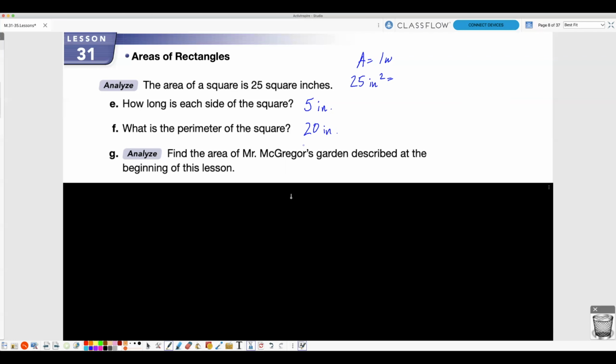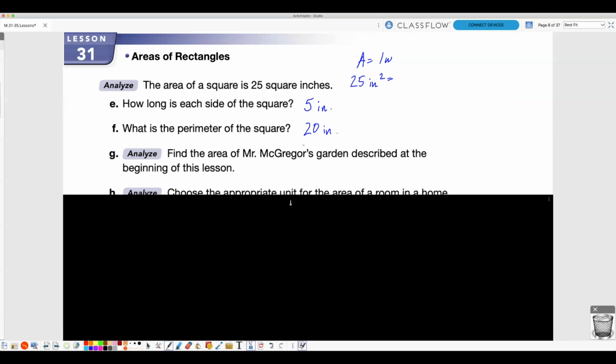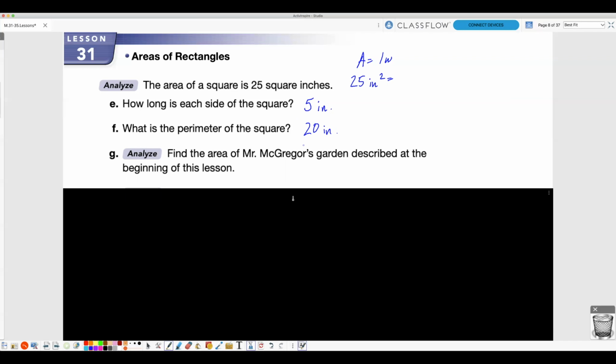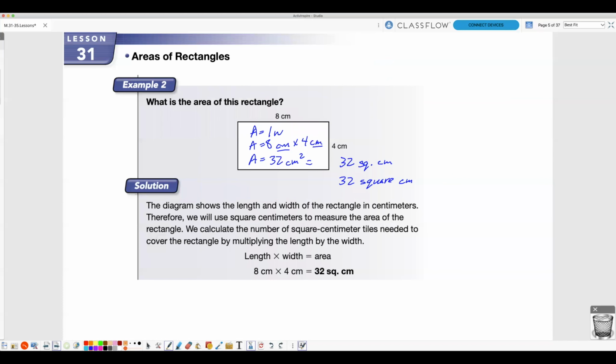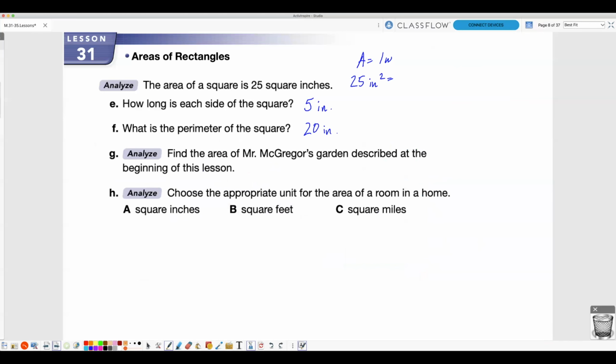Letter G, find the area of Mr. McGregor's garden described at the beginning of this lesson. So if we go back to Mr. McGregor's garden, let's do that. Mr. McGregor's garden was 20 feet by 40 feet. So that's the distance, the length, and the width.